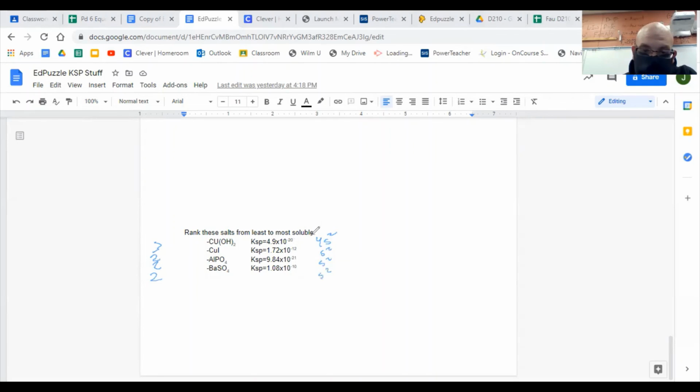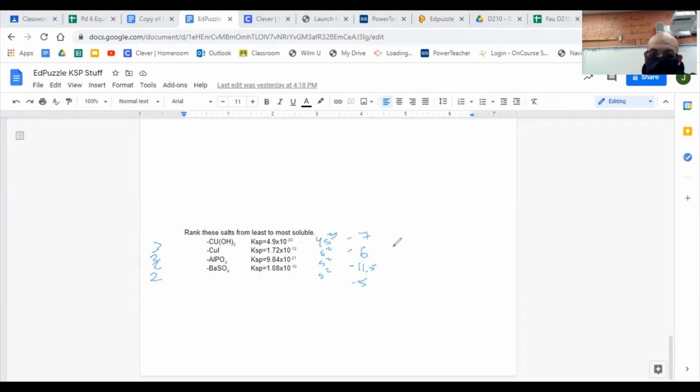So again, do your division. This is 4S cubed: 20 divided by 3 is basically 7. Negative 12 divided by 2 is negative 6. This is going to get you negative 11.5, and 10 divided by 2 is negative 5.